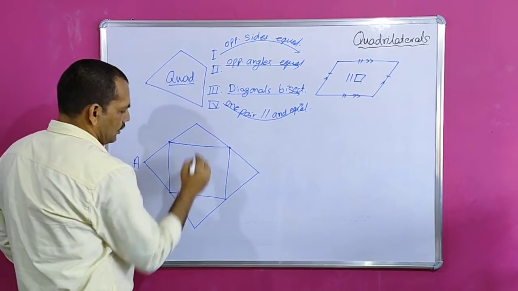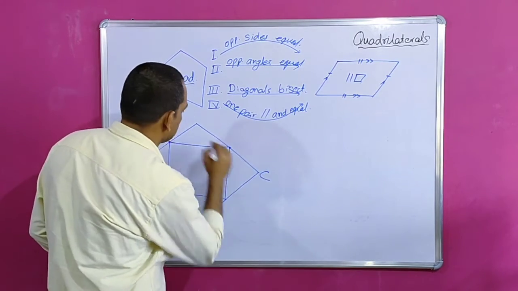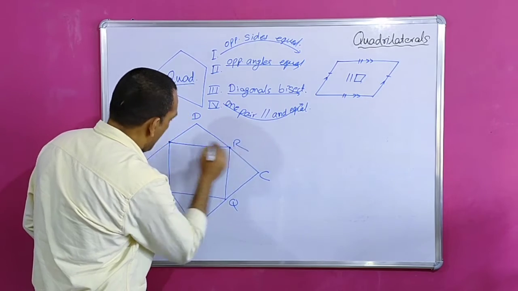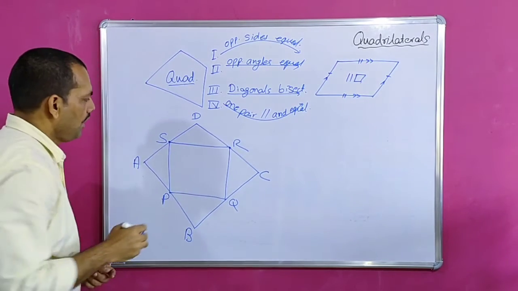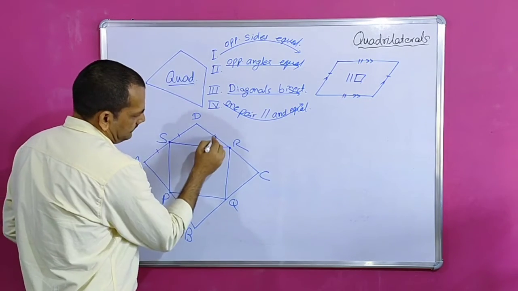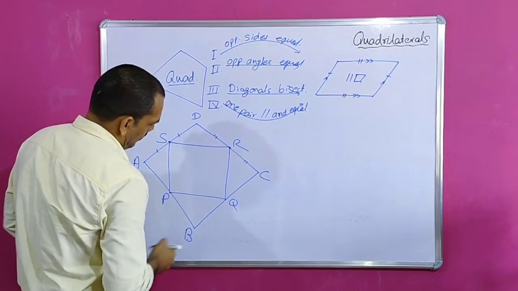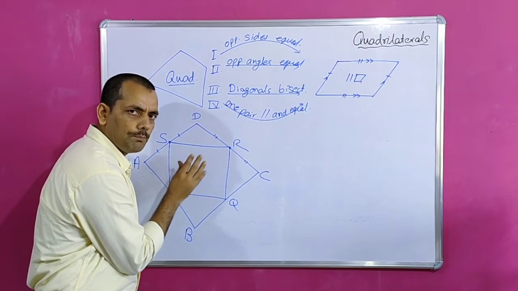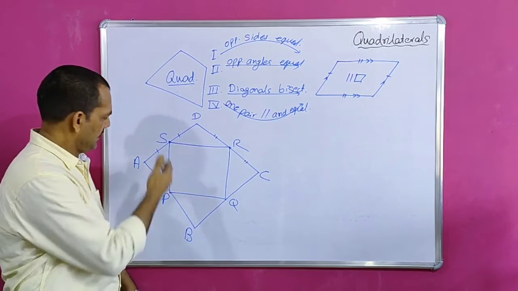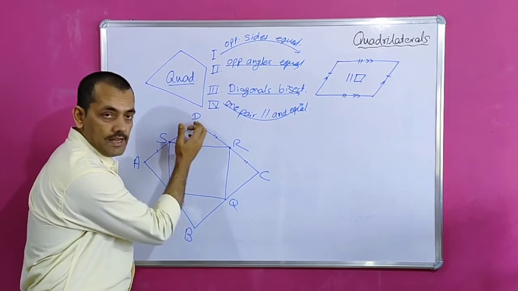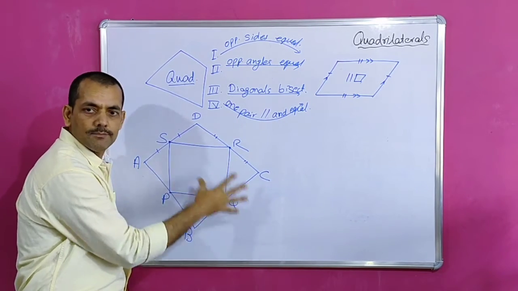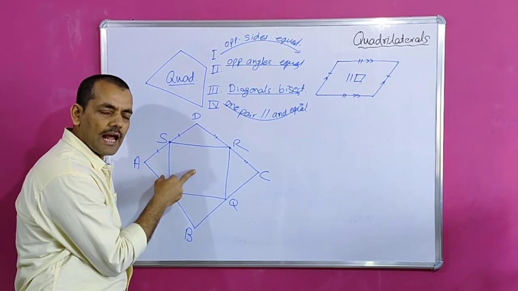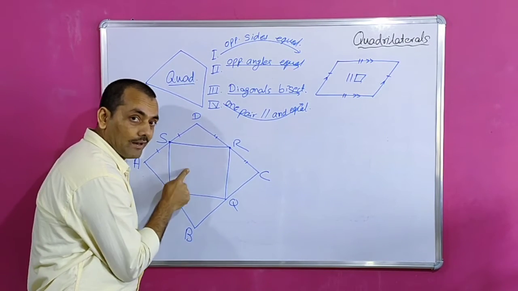If the initial quadrilateral is A, B, C, D, and the midpoints are P, Q, R, S, what will be the nature of this quadrilateral PQRS? In quadrilateral ABCD, all these 4 midpoints are joined and a quadrilateral is formed. Now, this formed quadrilateral will also be a parallelogram.